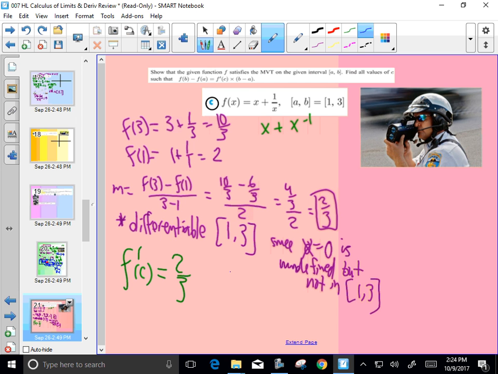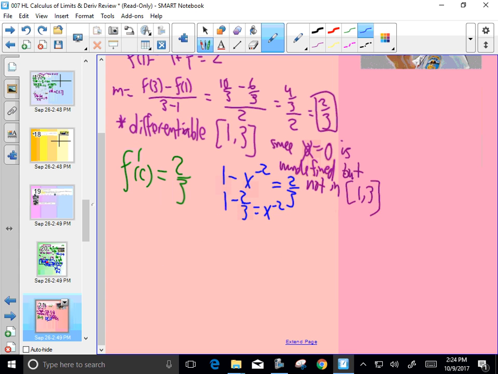So it'll be 1 minus x to the negative 2 should be equal to 2/3. So I'll get 1 minus 2/3 equal to x to the negative 2. What is that? 3/3 minus 2/3, 1/3, equal 1 over x squared.